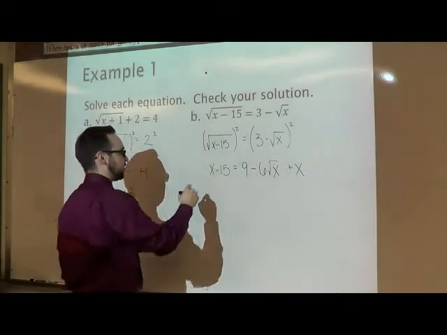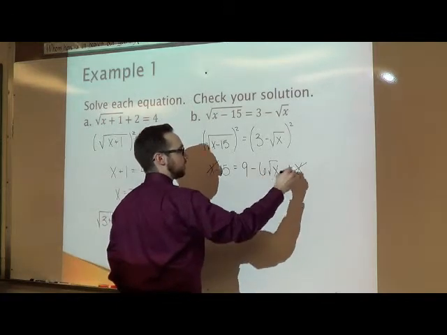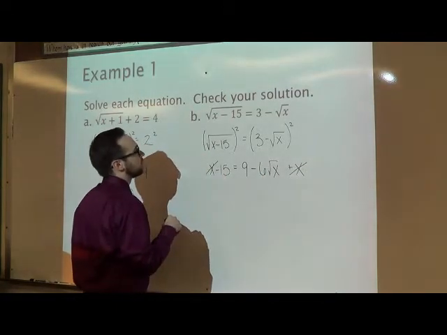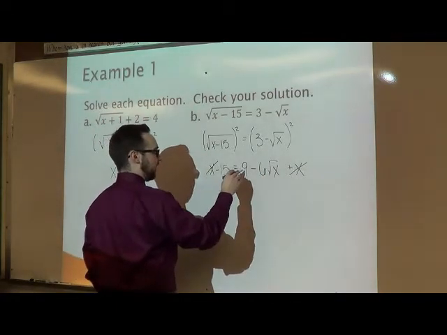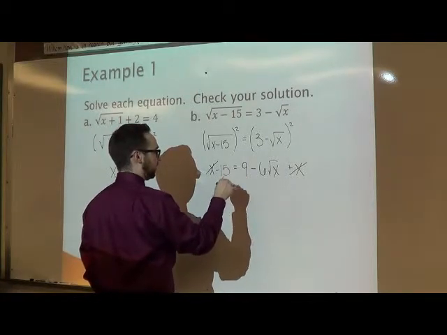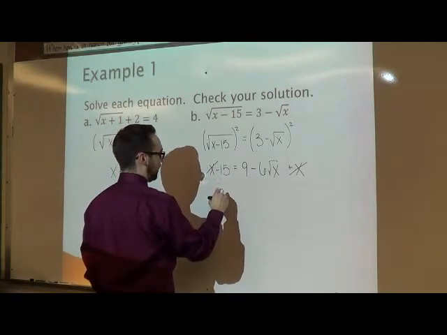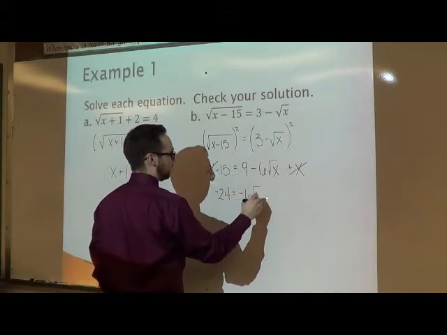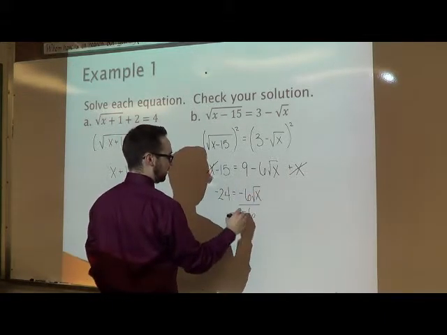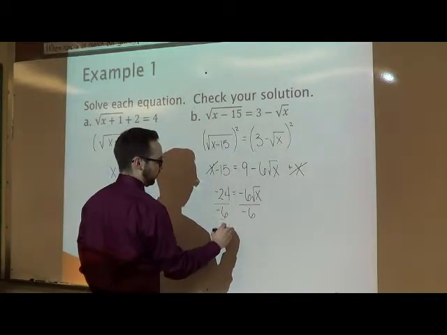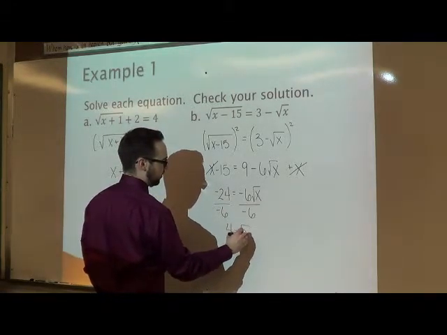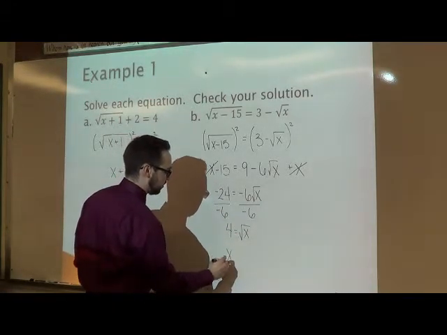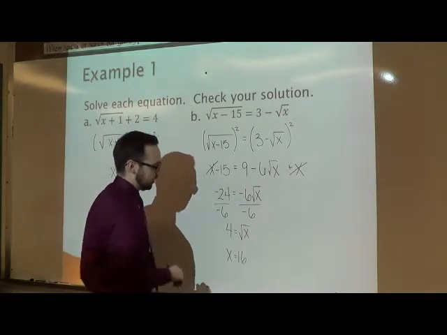So actually here, the x's are going to cancel. If I subtract the 9, we get negative 24 is going to be equal to negative 6 square root of x. Divide by negative 6. We end up with 4 is equal to the square root of x. Square both sides. x is equal to 16.